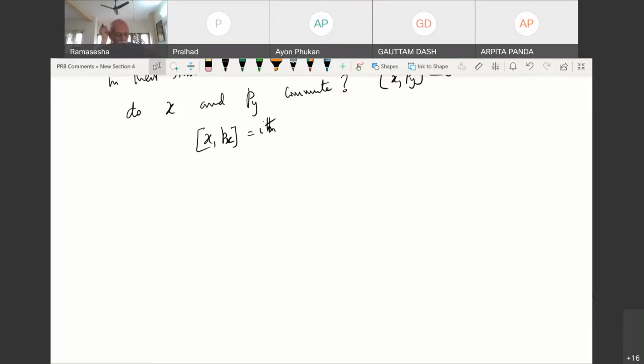So the quantum numbers correspond to the eigenvalues of a totally commuting set of operators. That is very important from the point of view of measurement. Any questions?